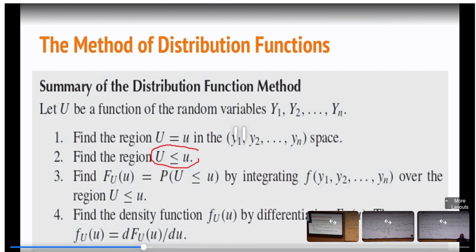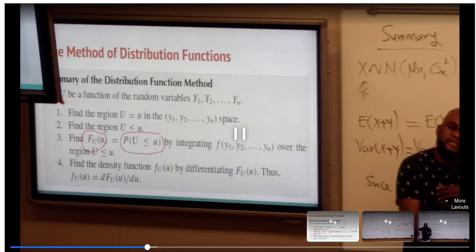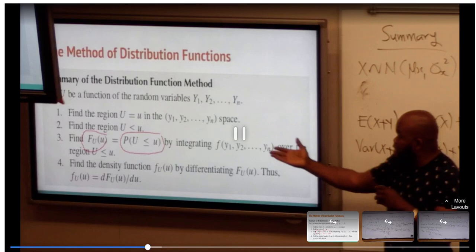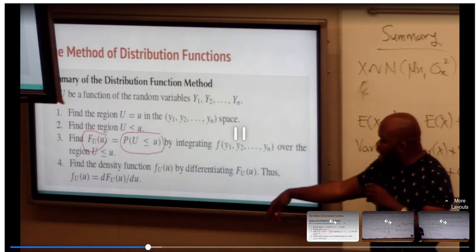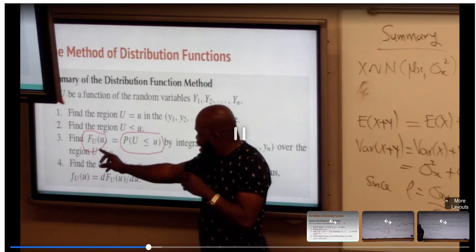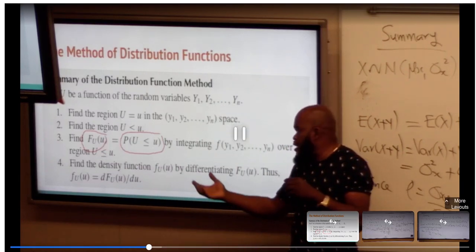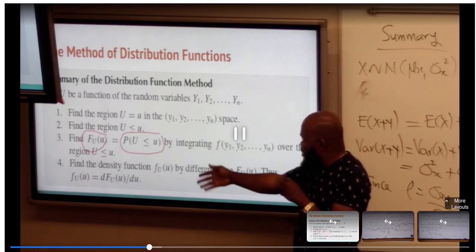Now, the moment I get that, if I find a probability associated with that, then I'm actually talking about the CDF. You remember we've done the CDF before, for an uppercase U. And let me tell you this. The moment I get the CDF, to be able to get a PDF or a PMF, for instance, if U is continuous and I have a CDF, and I want to get a PDF, then I'm actually going to perform this.